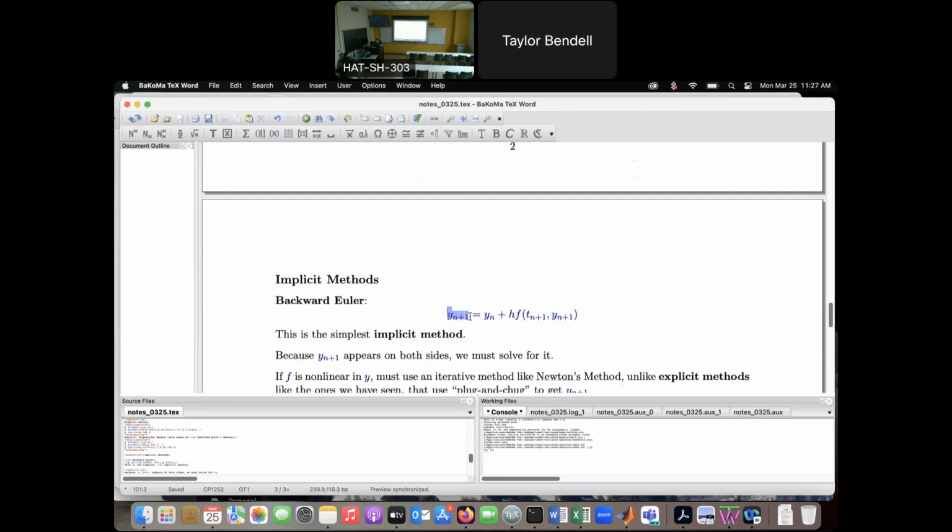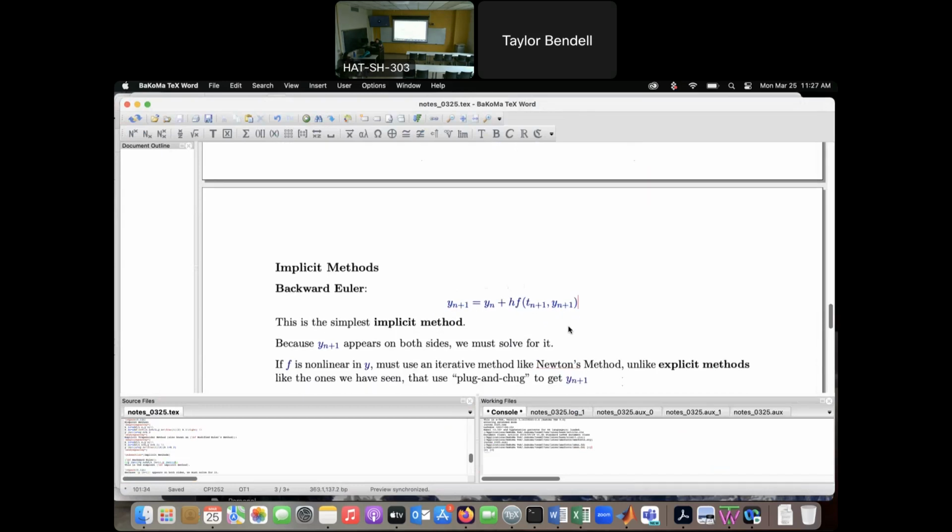So our unknown appears on both sides of the equation. It amounts to using a backward difference to approximate y prime at time tn+1, as opposed to using a forward difference to approximate y prime at time tn, which is what Euler's method does.